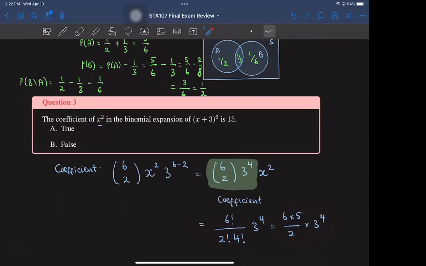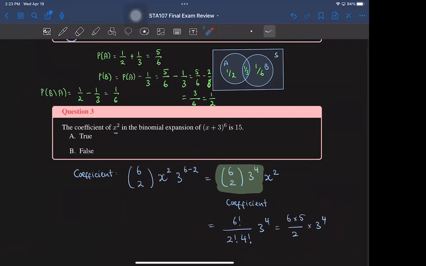Because 15 is 3 times 5, and this one is 15 already, and you have 3 multiplied with 3 to the power of 4 as well. I didn't calculate the actual number, but if your expression is something like this, then you got the correct coefficient. Does this make sense for everyone?